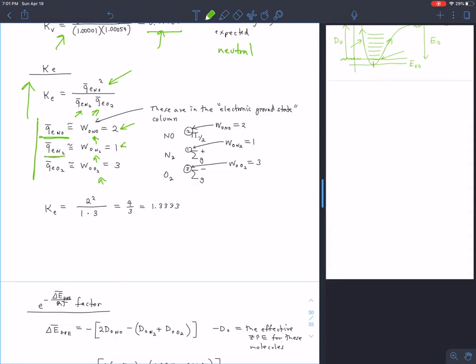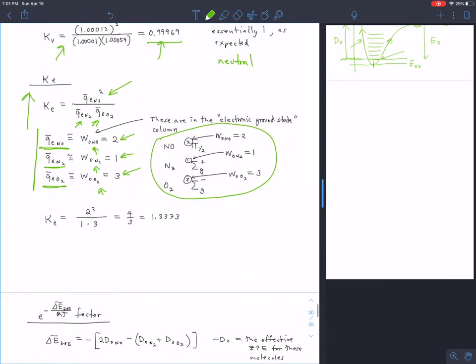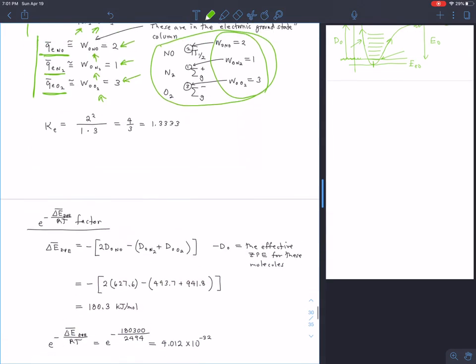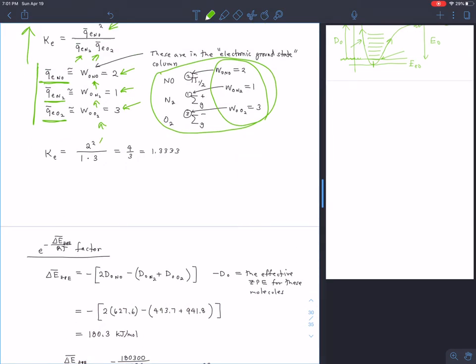For N2, it's just 1, and for O2, it's 3 because of the famous triplet ground state of oxygen. And here are those same symbols. I'm just showing here that you can pick off the degeneracies from those symbols. So the overall factor for the equilibrium constant is 2 squared on top over 1 times 3. That's 4 divided by 3, that's 1.33. Again, slightly favorable, but very slightly favorable. It's another essentially neutral factor.